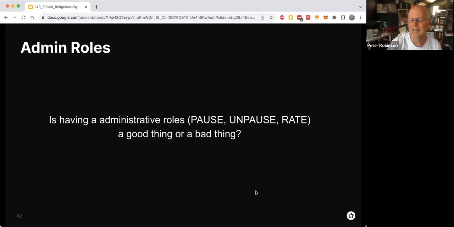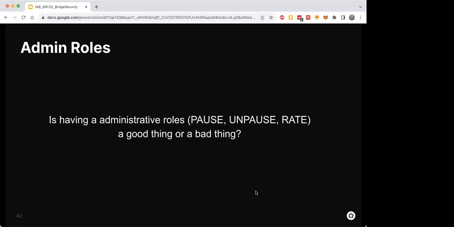My general belief is that even though we do a lot of things in a decentralized way, when it comes to Web3, there is still stuff that has to be centralized. And given that the bridge is a kind of insecure element of this system, maybe sometimes it's good to have some administrative roles to supervise it in a way.